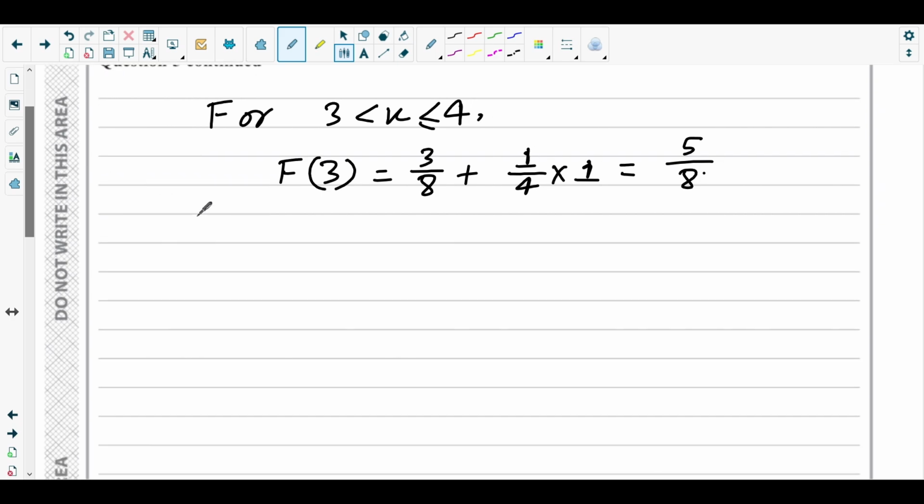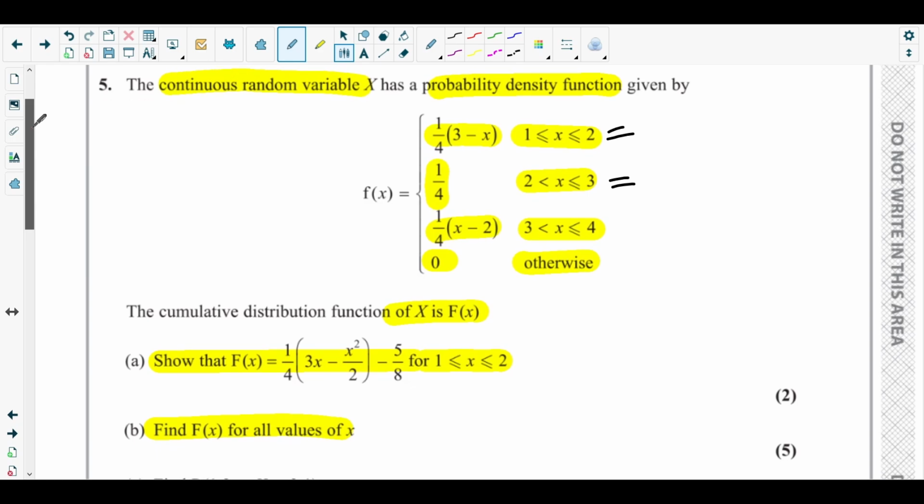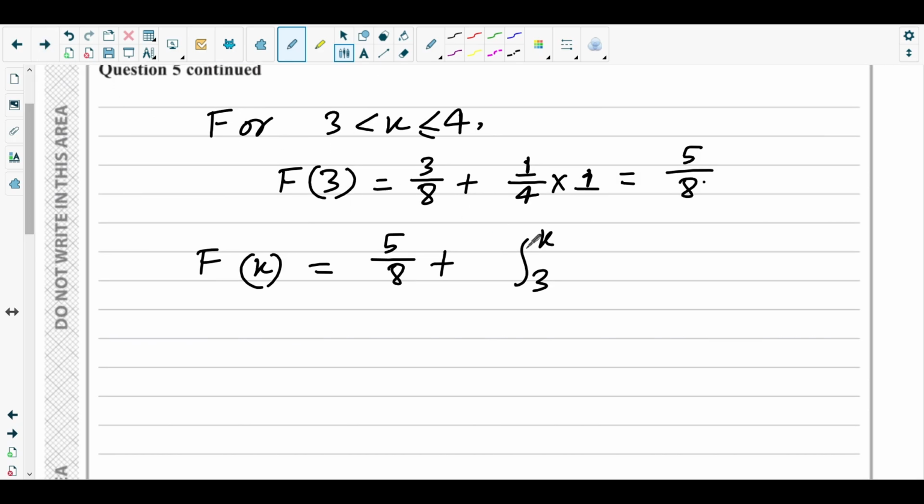Now the cumulative distribution function is 5 over 8 plus the integration from the lower limit 3 to x of the PDF, which is x minus 2 over 4. Take 1 over 4 outside the integral.